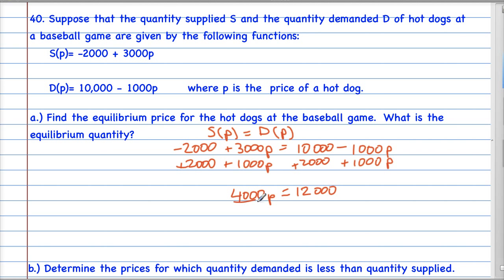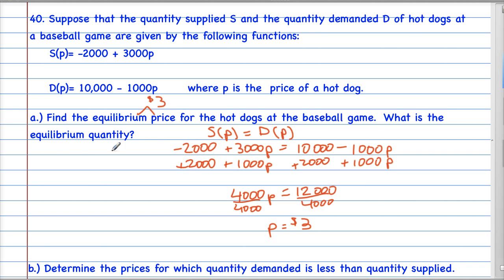And now that'll be easy. I divide both sides by 4,000. And so P, which is the price represented in dollars, is 12,000 divided by 4,000, which is 3. So P equals 3, or the equilibrium price, I should say, is $3.